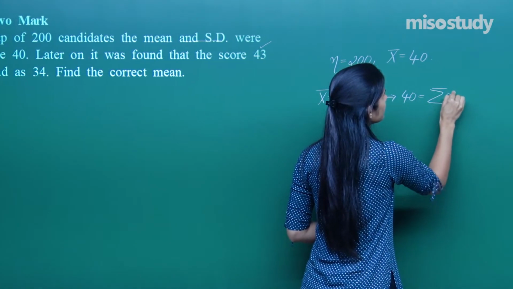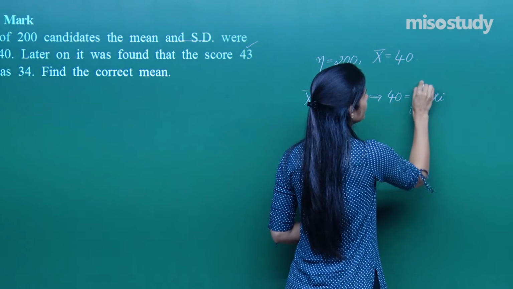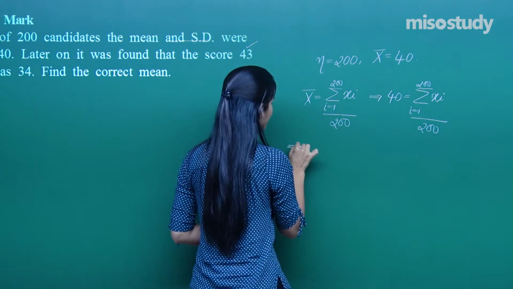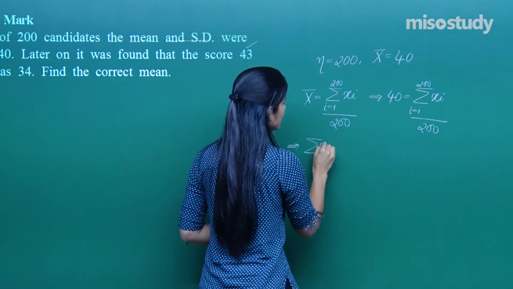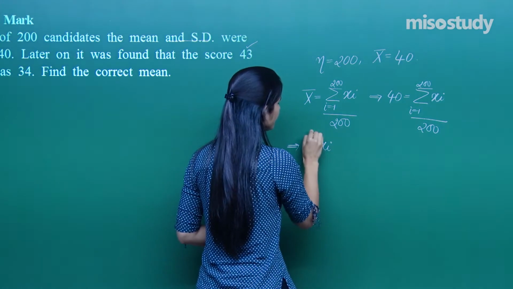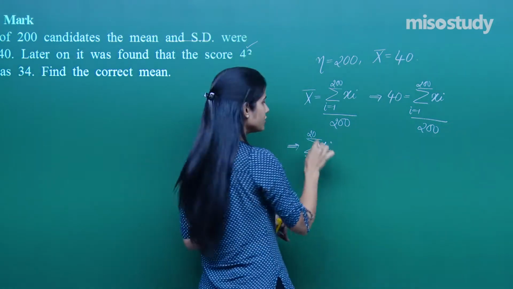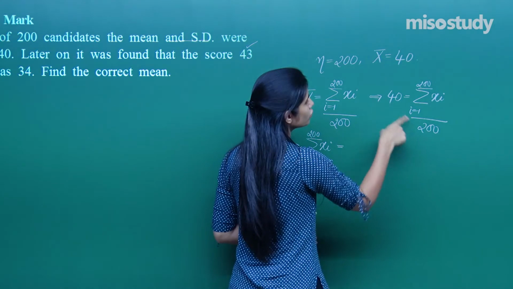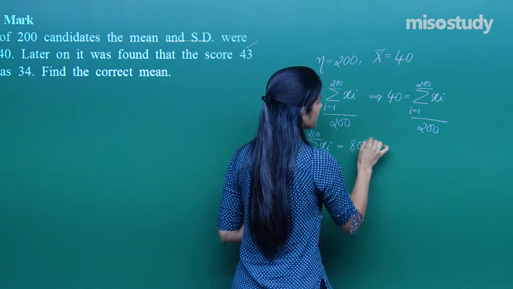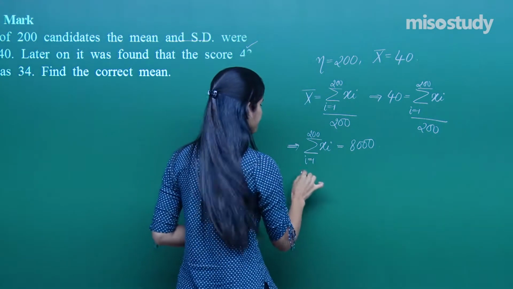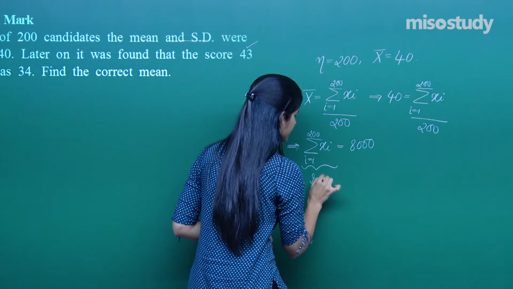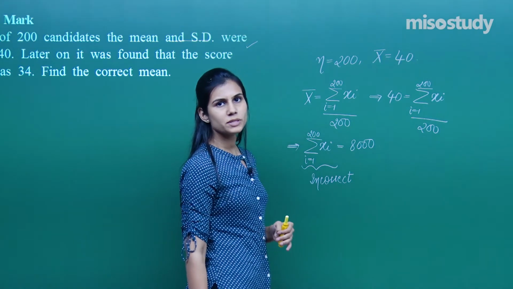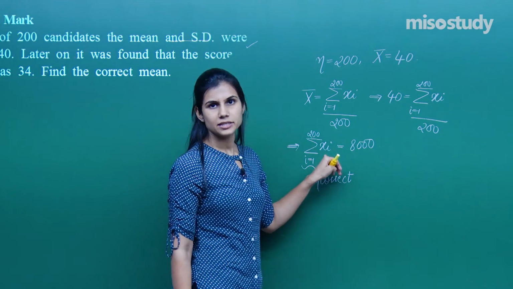So, this is summation xi, i running from 1 to 200 whole upon 200, which implies if I talk about sum of all 200 observations, out of which one of the observations was 34 instead of 43, that is coming out to be 40 into 200, which is 8000. This is the incorrect summation of the 200 observations, because one of the observations is actually wrong in here, that is 34.